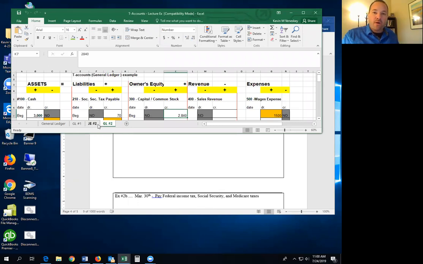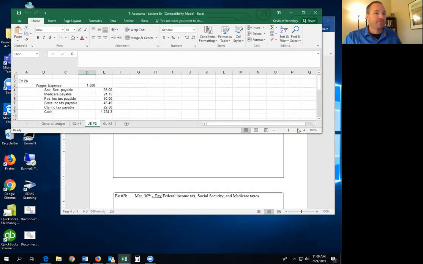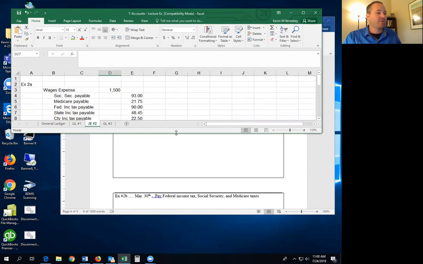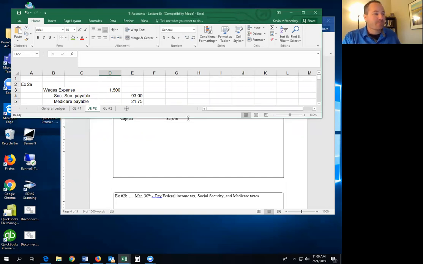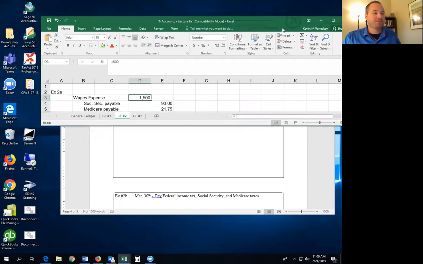Okay, so if you are at this point now, you should have completed the practice entry, and let's see how you did. The first part of the answer should have looked like this. Let's go through them in a few steps. Your debit to how much the employee earned this payroll, $1,500. And then the first two items, we nowhere near hit the cap for the Social Security.